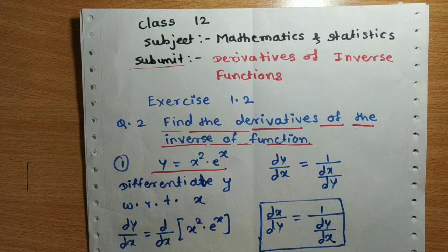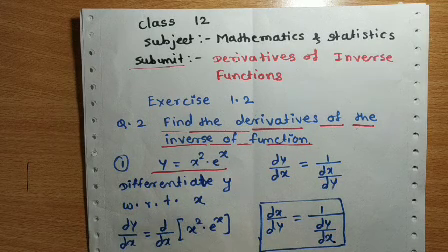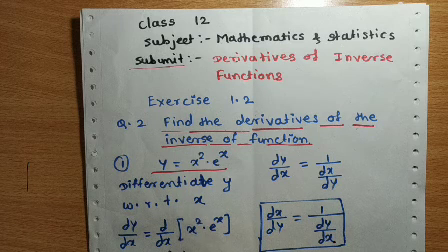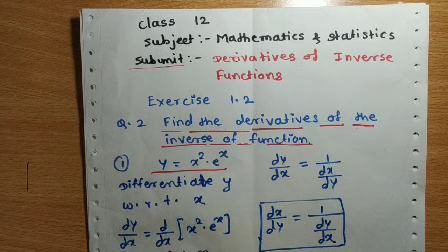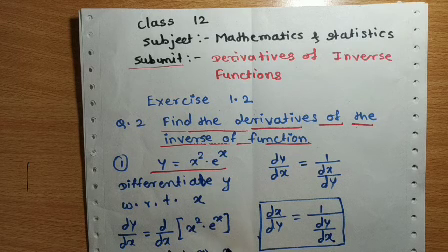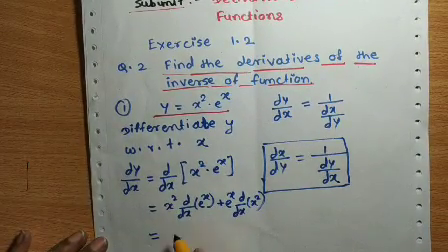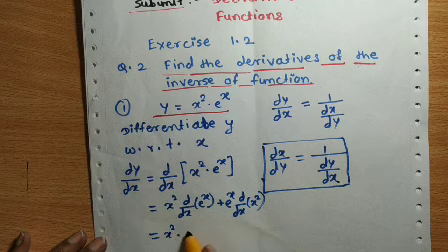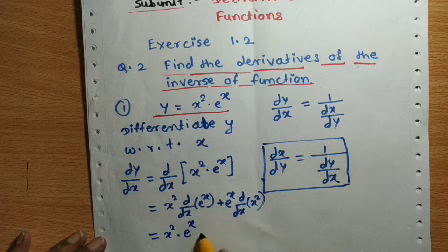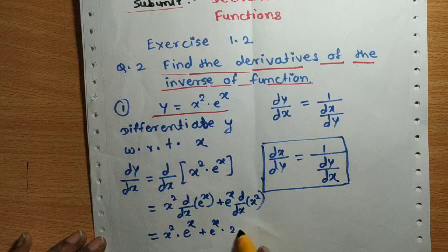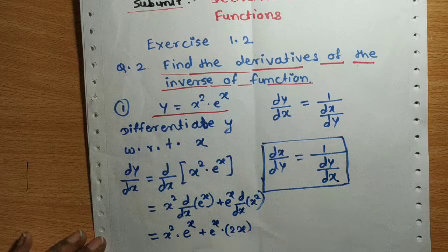Using the uv formula, keep the first function x square as it is, take the derivative of the second function e raised to x, plus keep e raised to x as it is and take the derivative of x square. It becomes x square into e raised to x plus e raised to x into 2x.